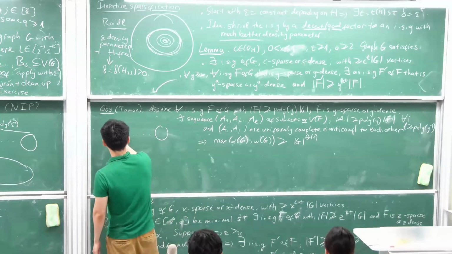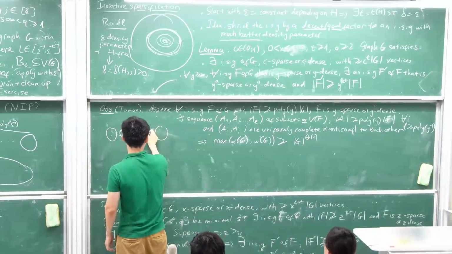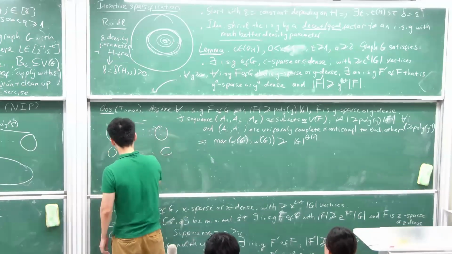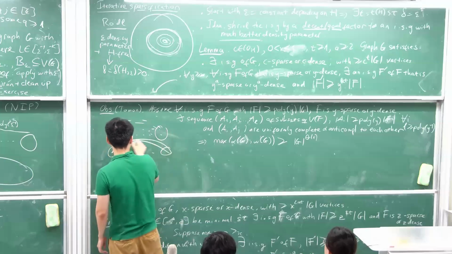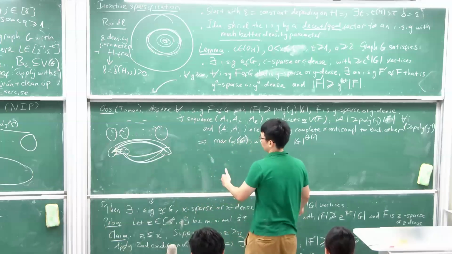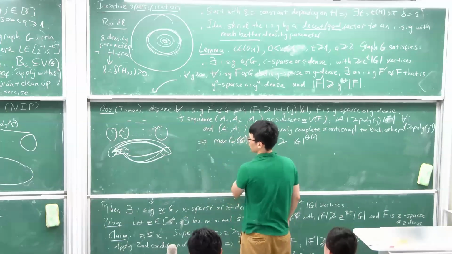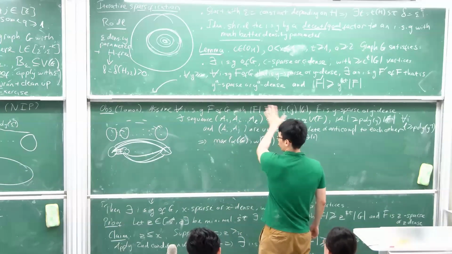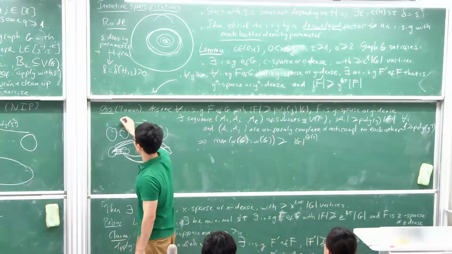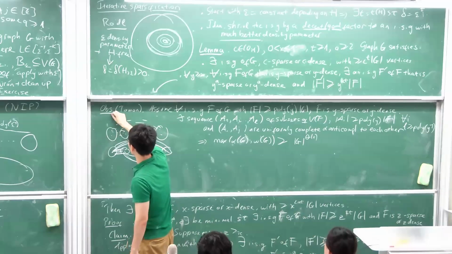So no edges everywhere, or all edges everywhere between any two sets. And if this keeps happening for every induced graph F of G with these properties, then we are good to go. So this is a more restricted version of the observation of Tomon.